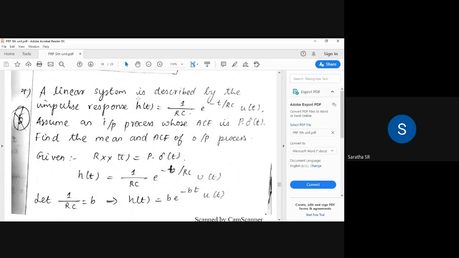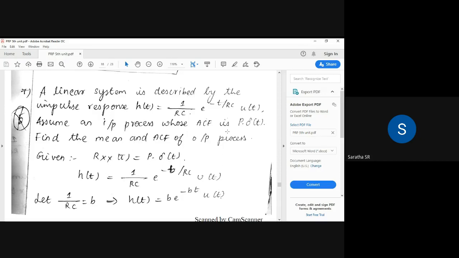A linear system is described by the impulse response h of t equal to 1 by RC e power minus t by RC u of t. Assume an input process whose autocorrelation function is p into delta of t. Find the mean and autocorrelation of the output process.